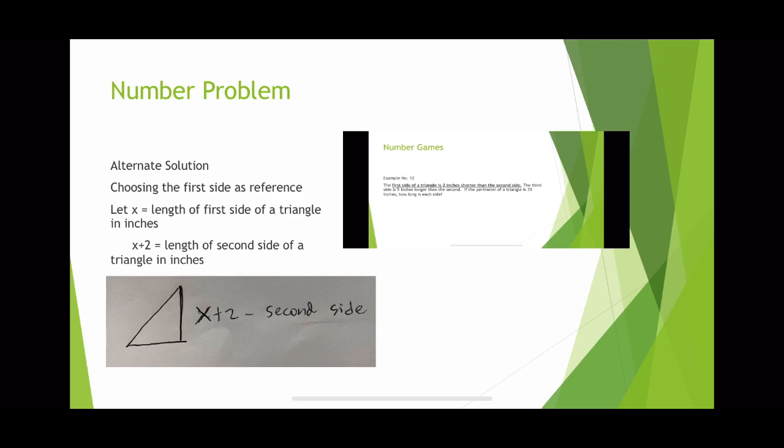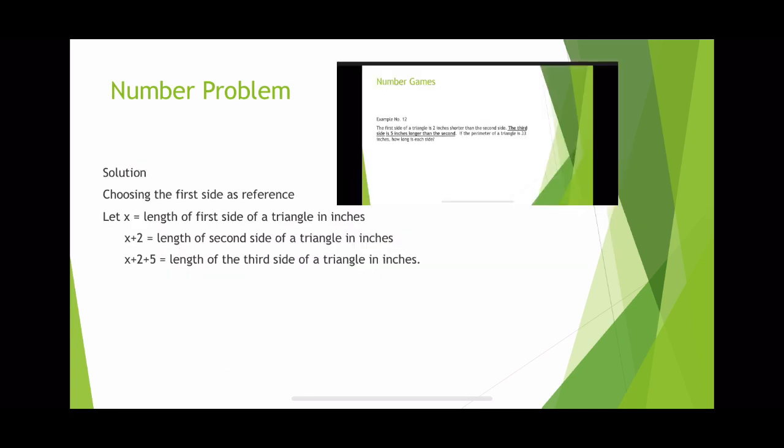So x is the first side of a triangle, so therefore x plus 2 is the second side. And then for the third side, it says that the third side is 5 inches longer than the second. So x plus 2 is the second side, and then the third side is 5 inches longer, so we add 5 for the third side.